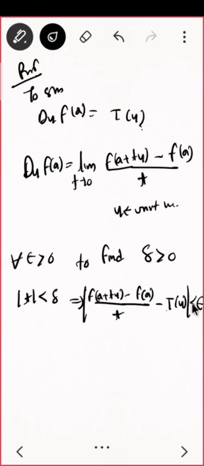This is what I want to prove. I want to find a delta. Correct? But what we are given, we have not used yet.